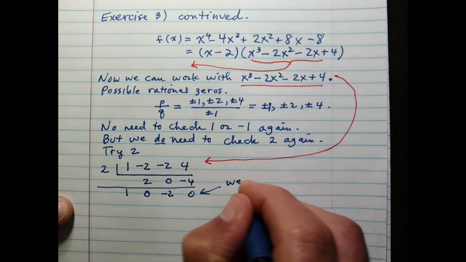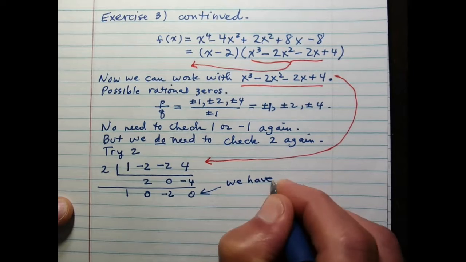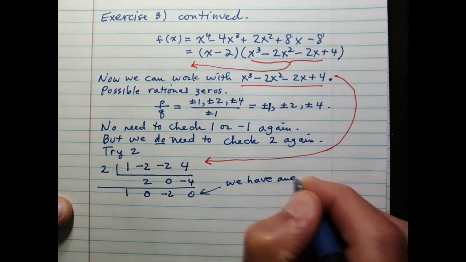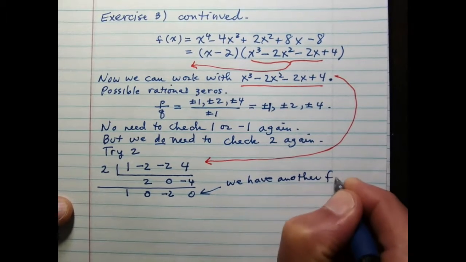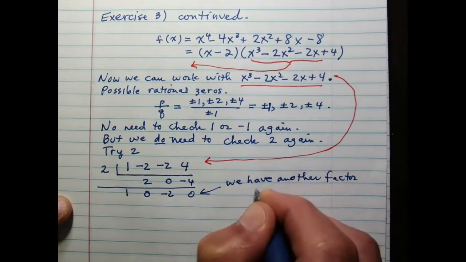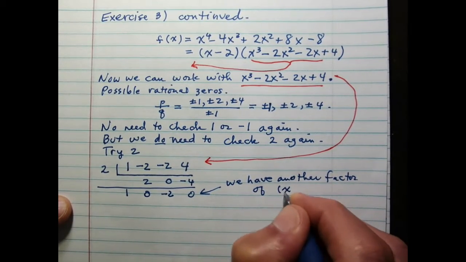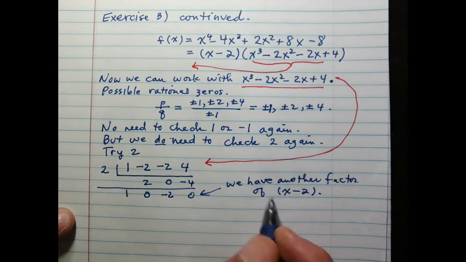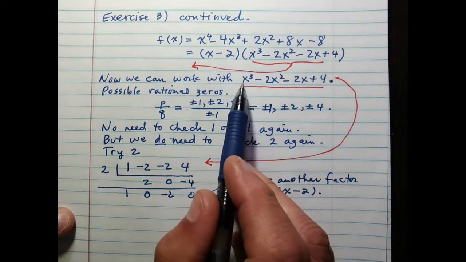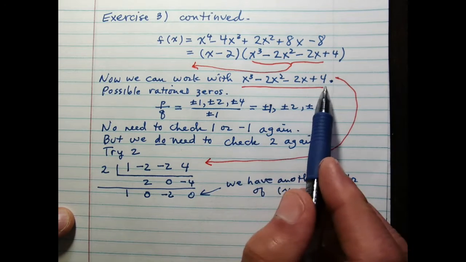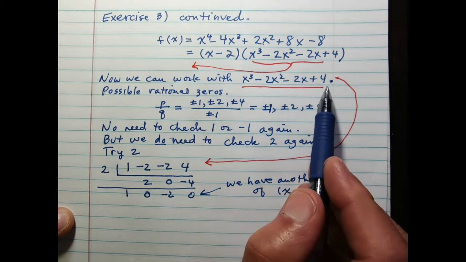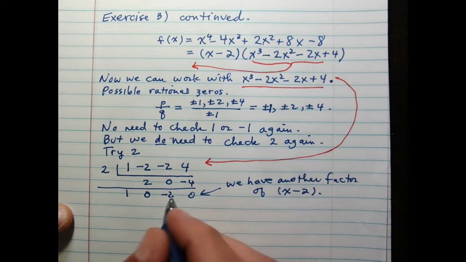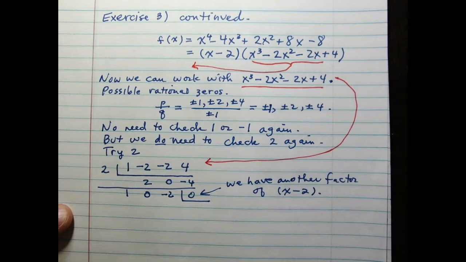So we have another factor of x minus 2, because of the 0 we got there.